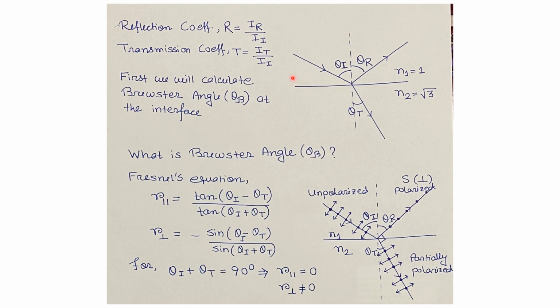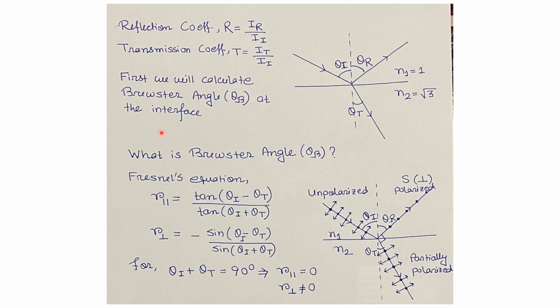Now, one unpolarized light is incident on the interface with angle of incidence theta I, the angle of reflection is theta R and the angle of transmittance is theta T. The reflection coefficient R is defined as I_R by I_I and the transmission coefficient is T equals I_T by I_I, where I_R is the intensity of the reflected light, I_I is the intensity of the incident light and I_T is the intensity of the transmitted light.